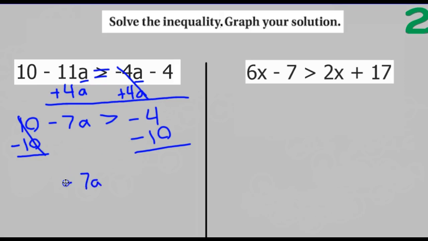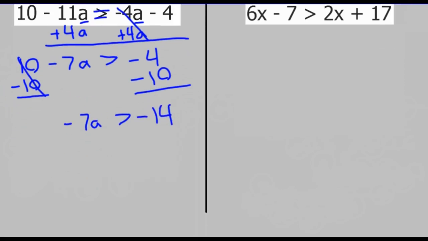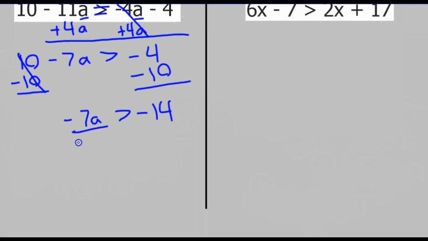We get negative 7a is greater than negative 4 minus 10 is negative 14. Last step, divide. So we have a. We divided by a negative number, so we have to flip our sign. So we have a is less than negative 14 divided by negative 7, which is a positive 2.